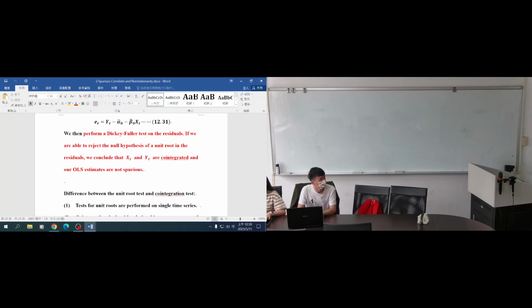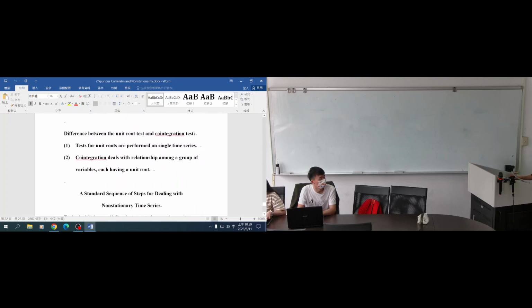Tests for unit root are performed on a single time series, right? And co-integration deals with the relationship among a group of variables, each having a unit root. So that's the difference, right?